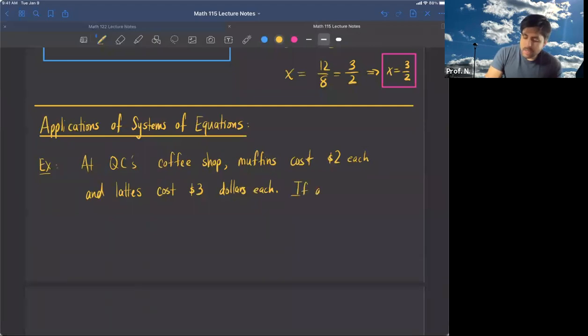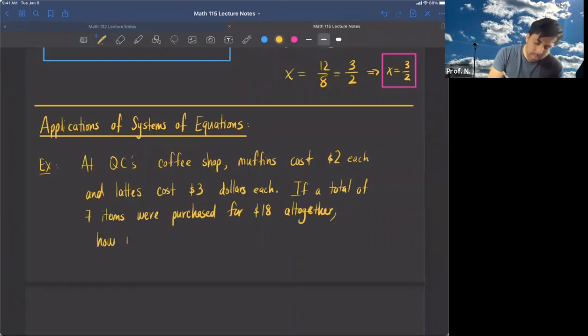If a total of 7 items were purchased for $18 altogether, how many of each item were sold?